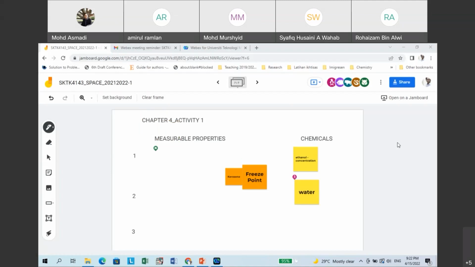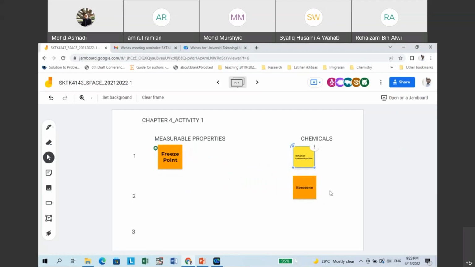Kalau yang ketiga tu, yes. Boiling point. Saya dah kasih jawapan. Apa lagi? Pressure. Pressure gradient. Kena tulis kat situ. Freeze point. Freeze point ni betul lah kot. Apa selain freeze point? Nombor satu. Corrosion. Corrosion ni nombor apa ni? Nak nombor dua ke nombor satu ni?